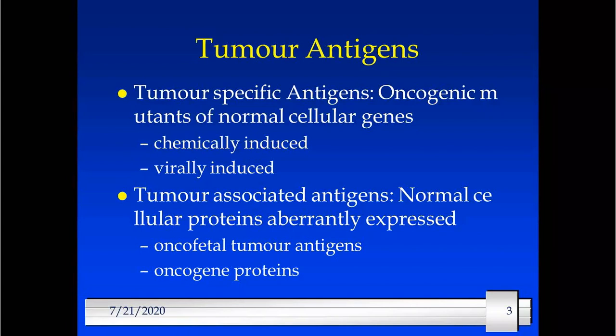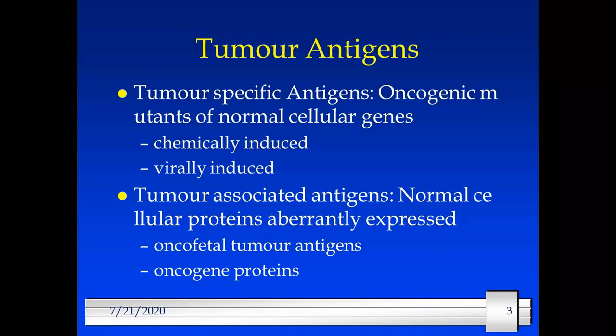The second type of tumor antigen are the tumor associated antigens, and these are normal cellular proteins, so there is no mutation. They are normal cellular proteins, but they are aberrantly expressed, overexpressed.